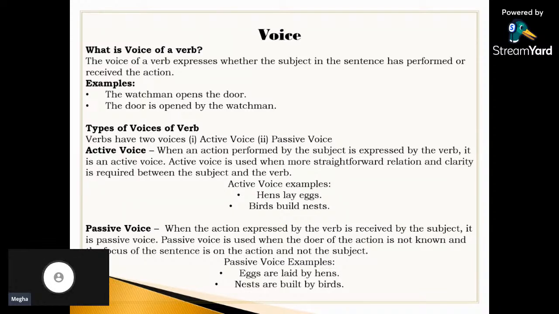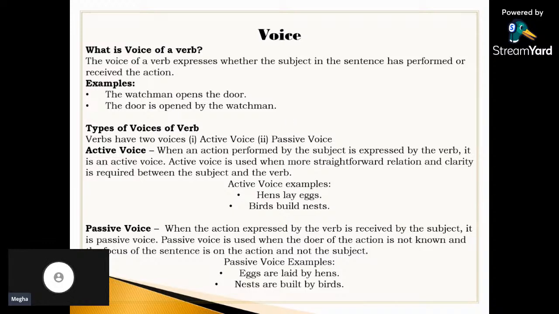See, hens is the subject here, correct? Lay eggs, so lay is the action performed by the hens. That is called active voice. Birds build nests. Birds are the subject here. They build, that is the action performed by the birds. Birds build nests. Okay. Those are examples of active voice.